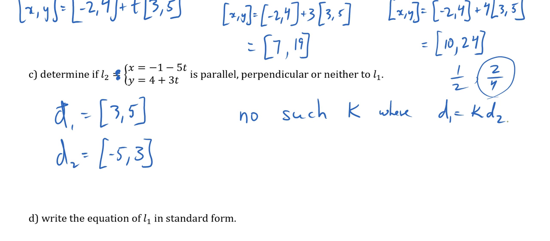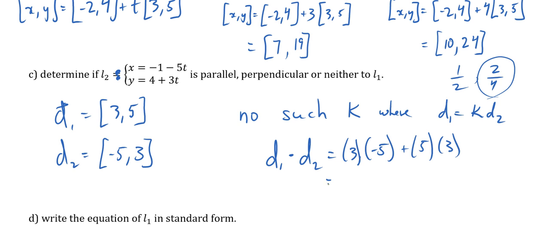But if you're looking at them carefully, you might notice something about them. What if I take their dot product? That's going to be 3 times negative 5 plus 5 times 3. Negative 15 and positive 15 is 0.